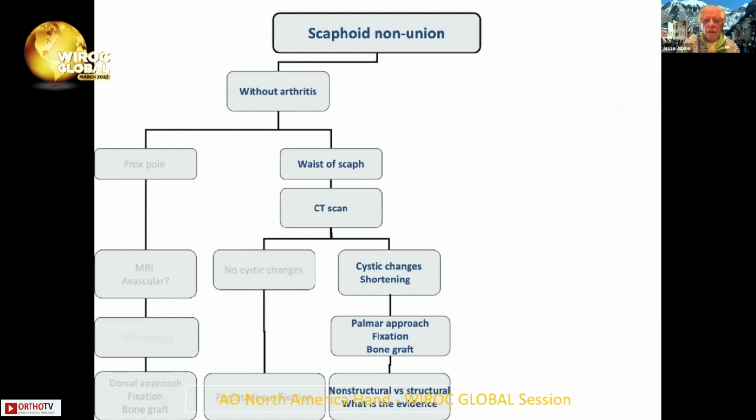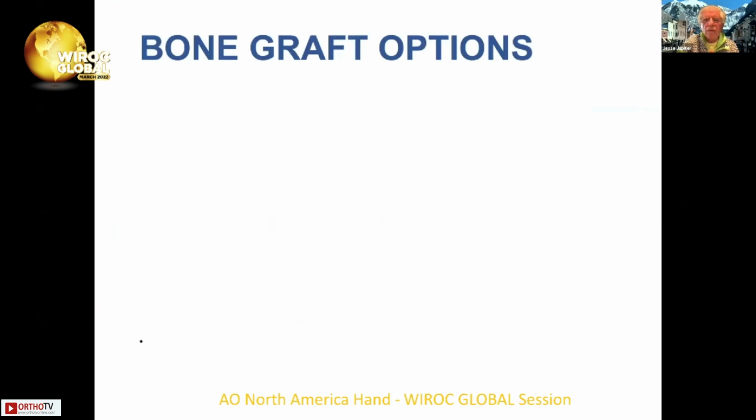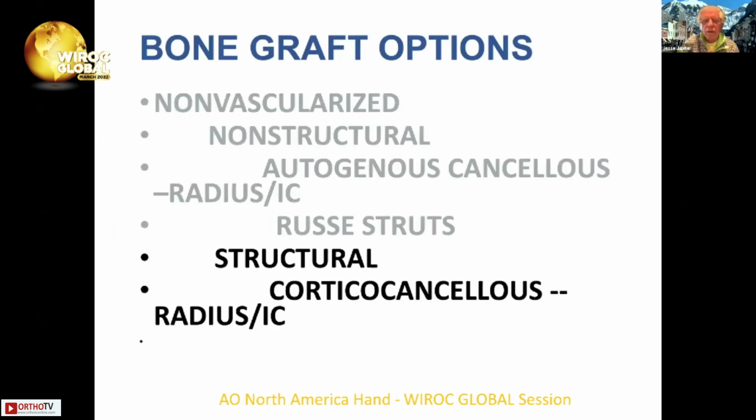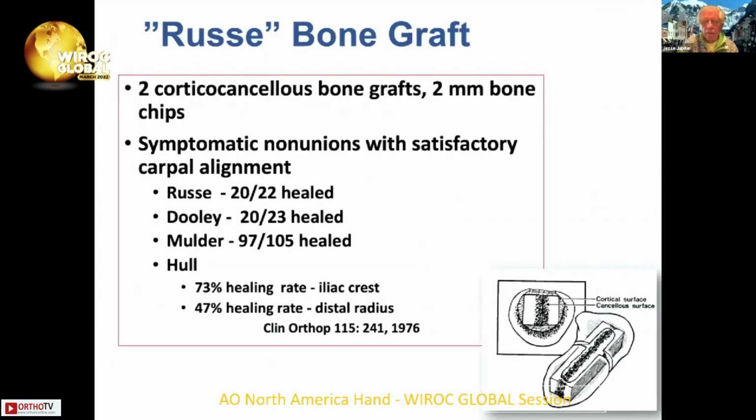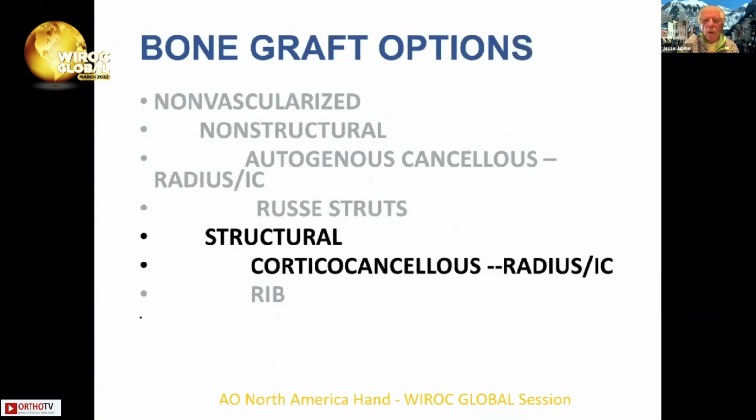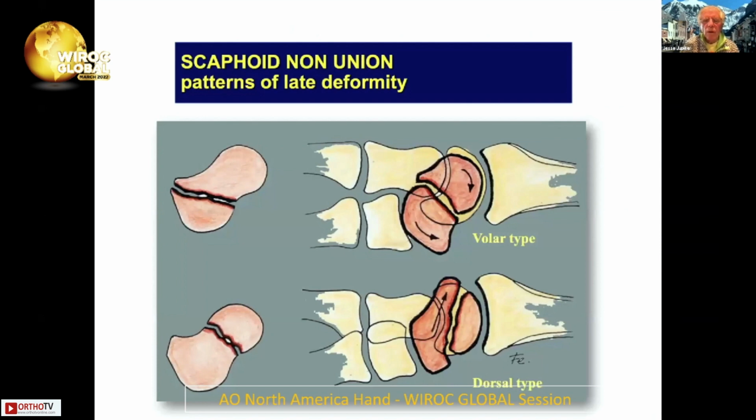Once you start getting cystic changes and a humpback deformity, then we start to find the role of corticocancellous bone and a volar approach, whether using a strut of either distal radius or iliac crest, so-called Russe graft, or a wedge graft taken from the distal radius, will achieve this reasonably well.